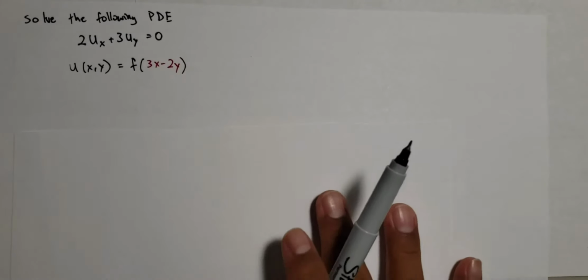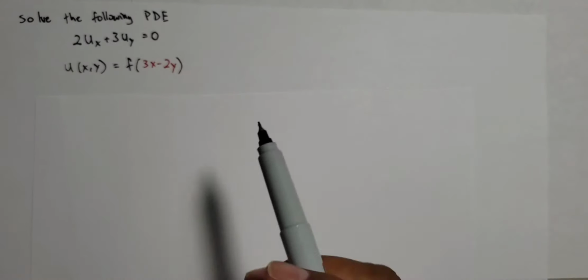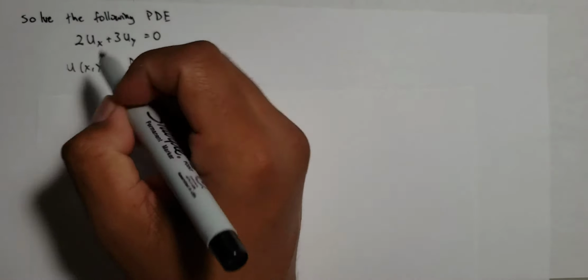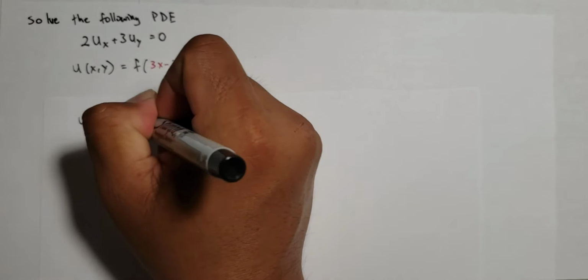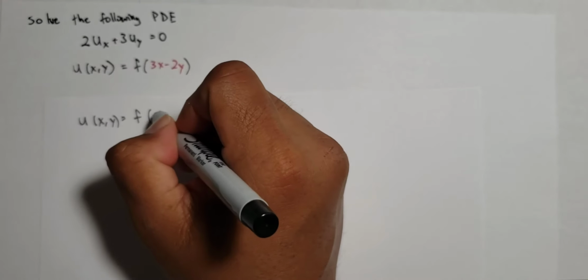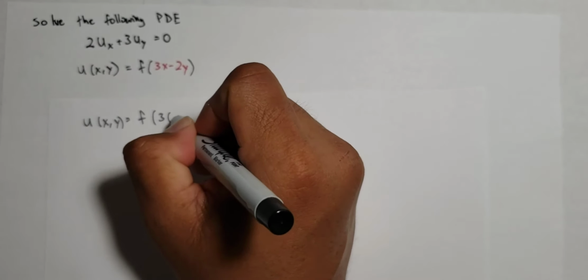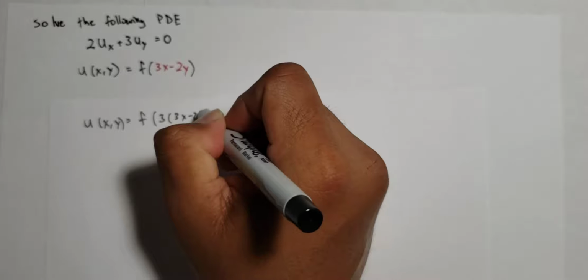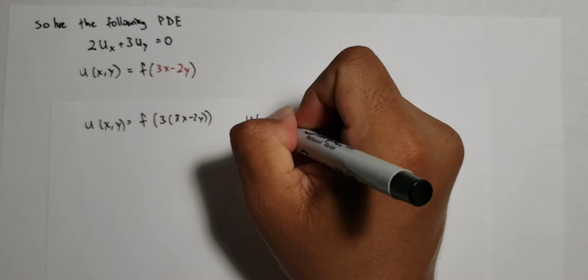But anything else can also be a solution, as long as you're factoring out a constant from it. So for example, this can also be a solution. Also, something like this can be a solution.